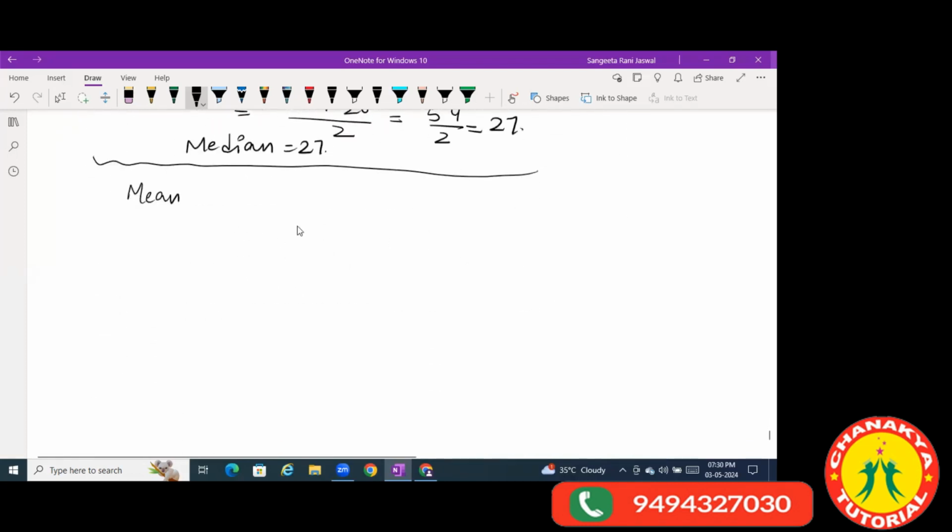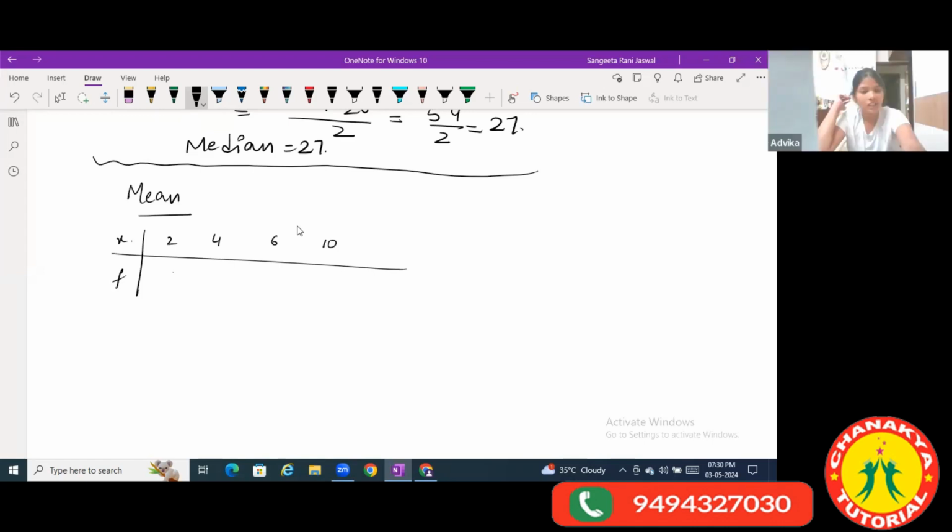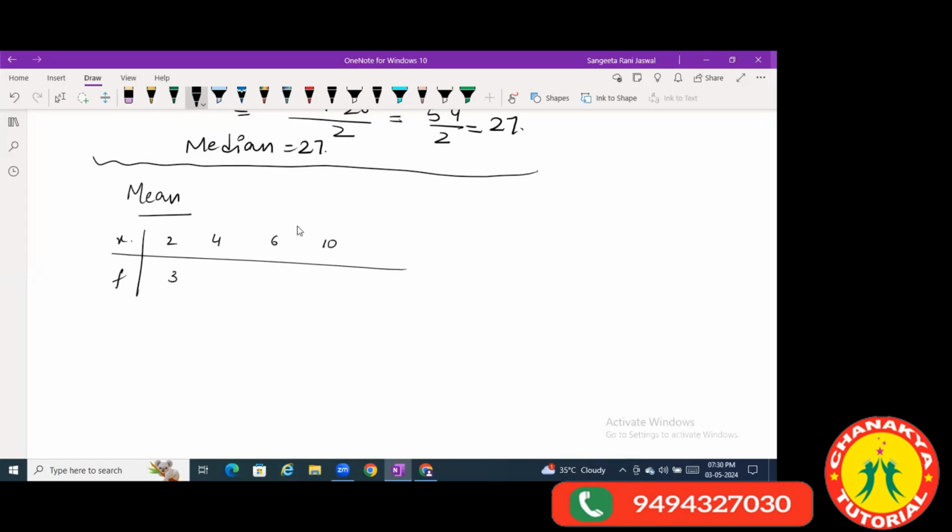Okay, let's find the mean now. Now x is given, f is given, right? Let's take some values of f and x. Ma'am, you gave a homework. I gave you this as homework. Never mind, but we did this question in the class. We have done this in class.